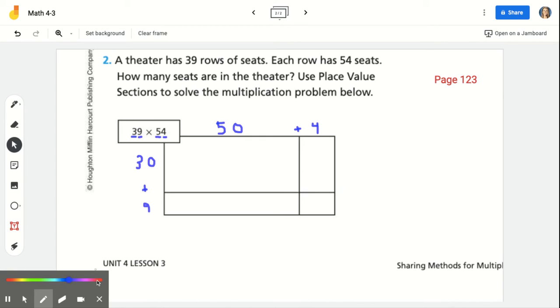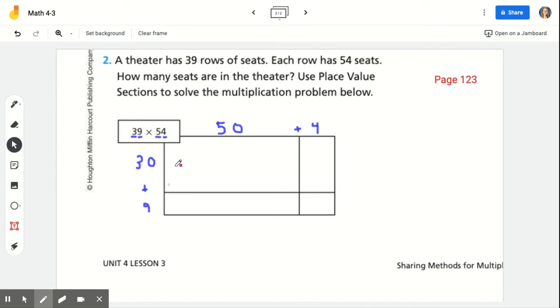So that's the labeling, and now we're going to be doing the multiplication inside the place value sections. I always start with just the greatest one and work my way over. So 50 times 30 will give us our first multiplication sentence. How I got 50 is I'm working with this largest box here. It's labeled 50 on this side. So from here to here represents 50 seats. And from here to here is labeled 30.